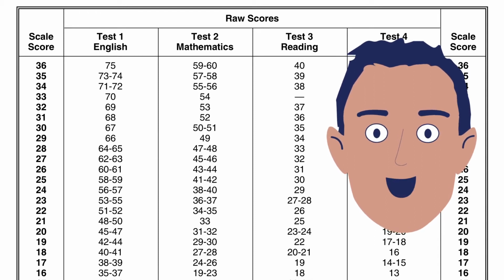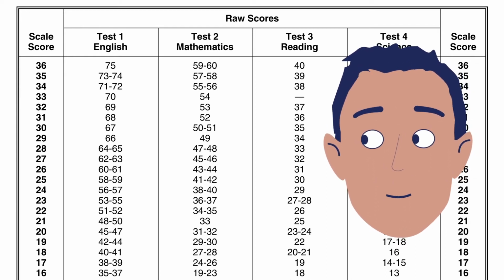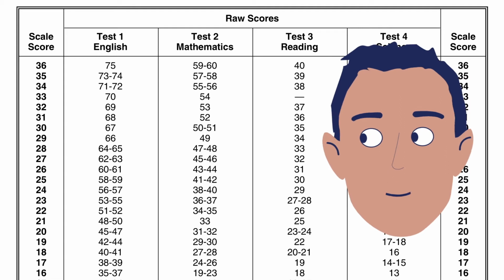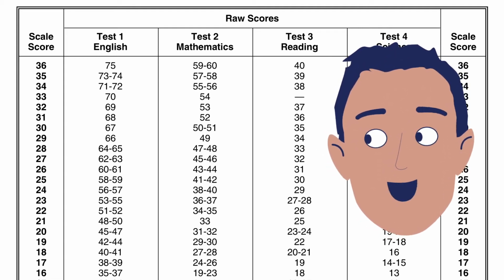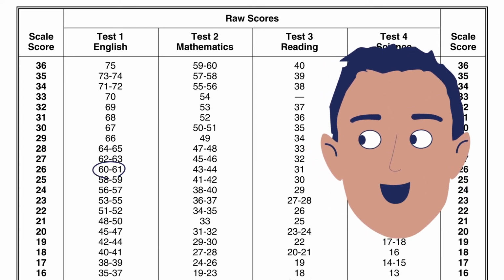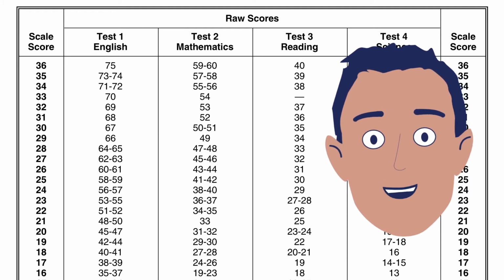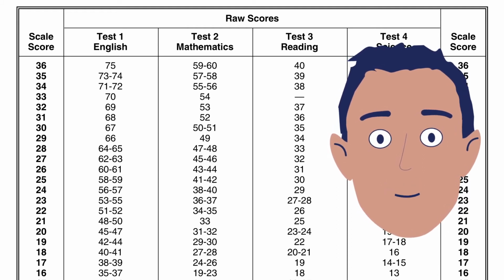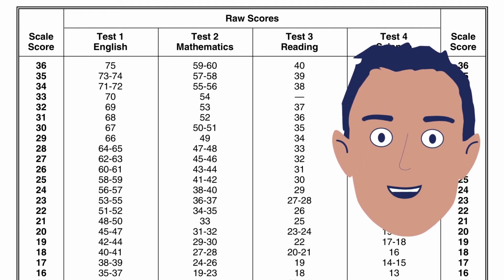So once we have how many total we got right, we can look and see what our scaled score is actually going to be over here. And we can do that, for instance, by saying, let's say we got 60 total questions right on English. Sure enough, if we slide over here, it would correspond to getting a 26 on our English section.